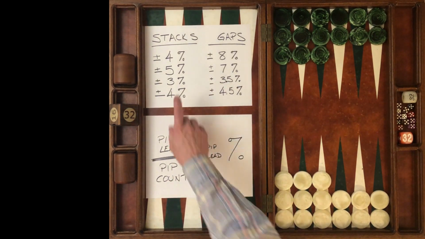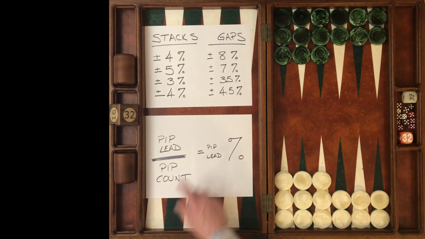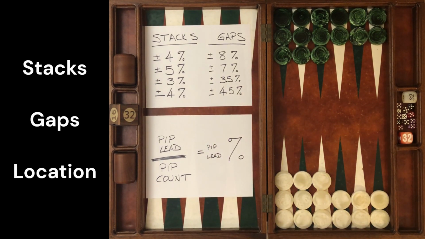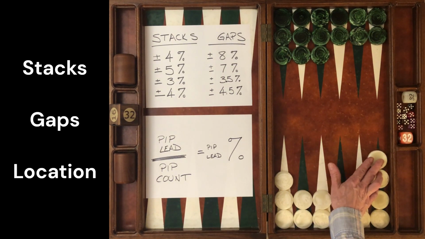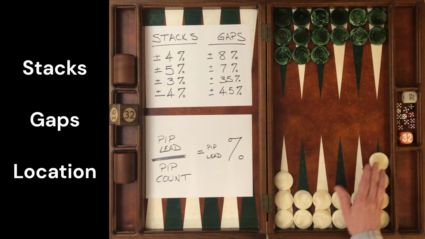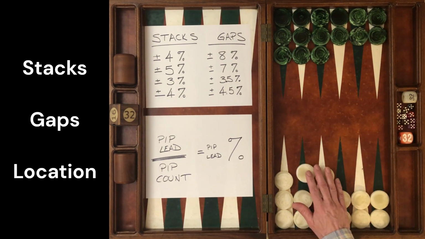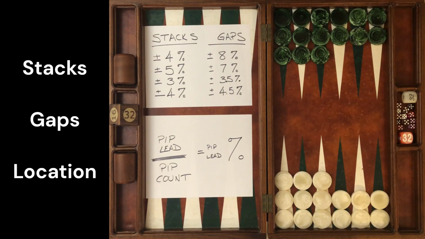The Keith count is going to penalize you for stacks, and it's going to penalize you for gaps. It's going to penalize you for the stacks, just like we saw at the start of this video, the suggestions. It's going to penalize you for stacks more on the lower points. It's not going to penalize you for stacks on the higher points.